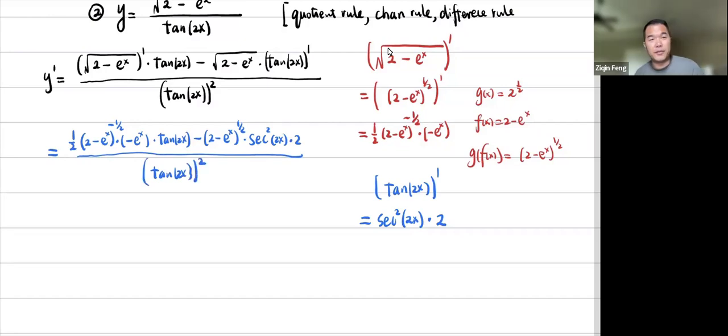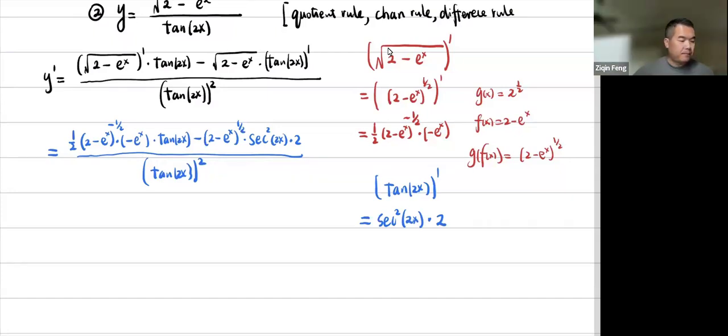So that's how we differentiate this big function, which is obtained by taking a quotient and also a couple of chain compositions.